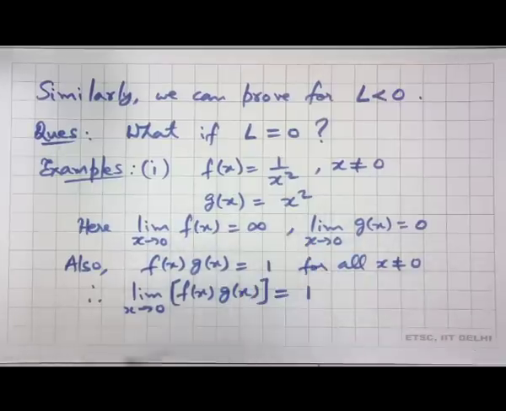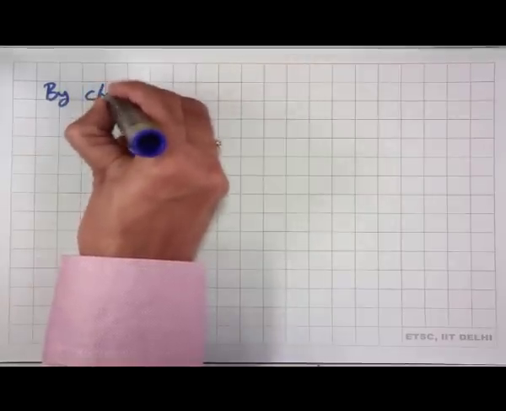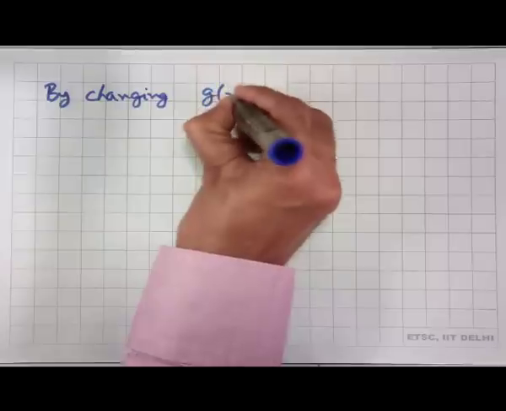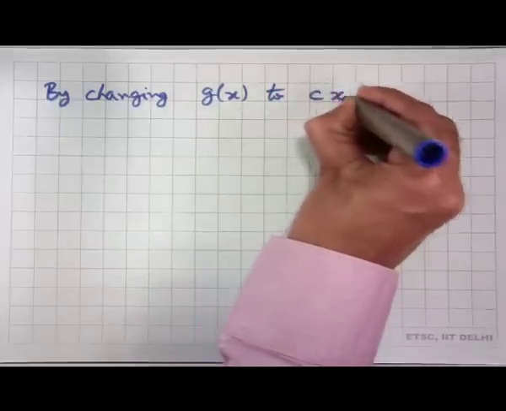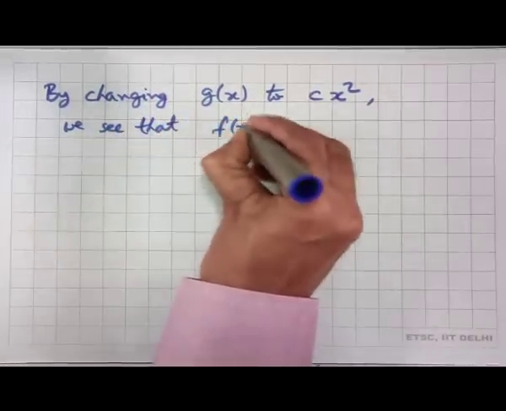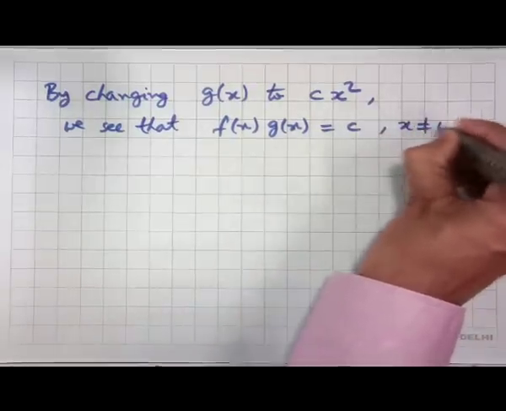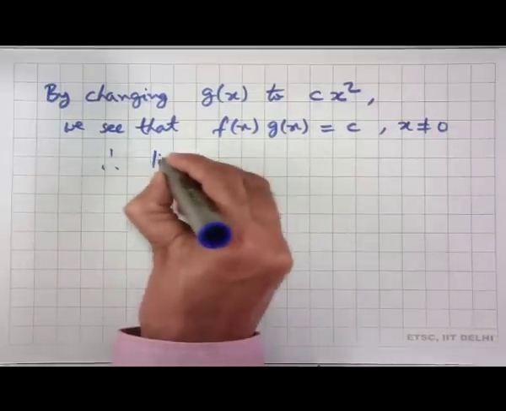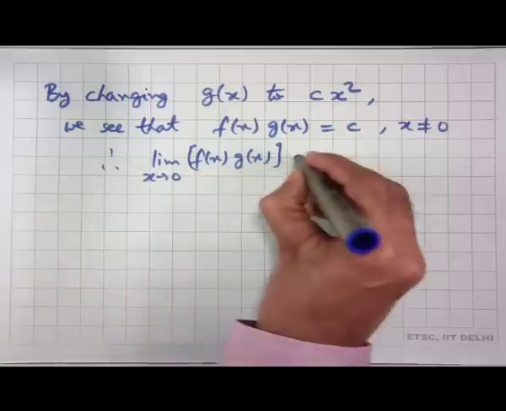Now, if we change g of x to any constant times x square, we see that f x times g of x is then equal to c for x not equal to 0, and therefore the limit of f x times g x is equal to the constant c.